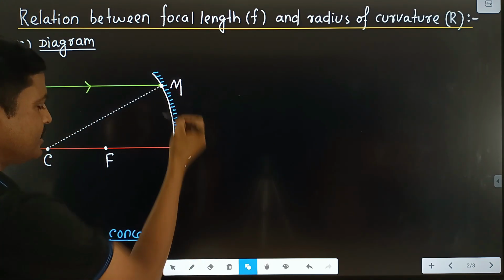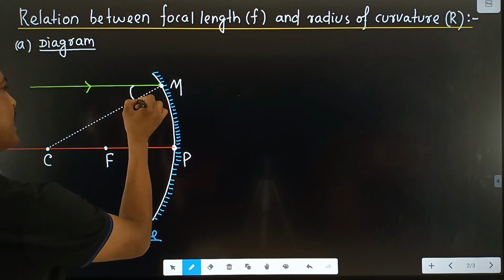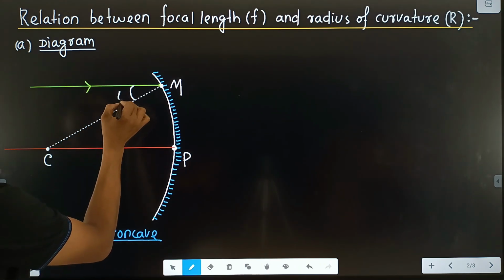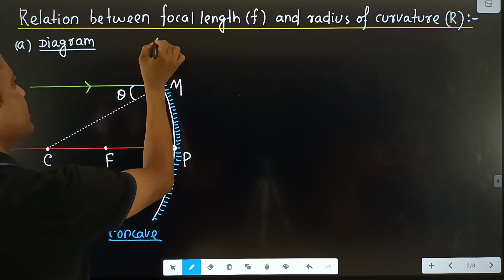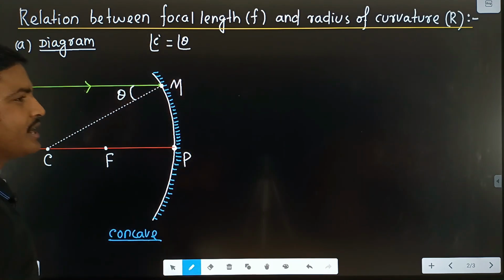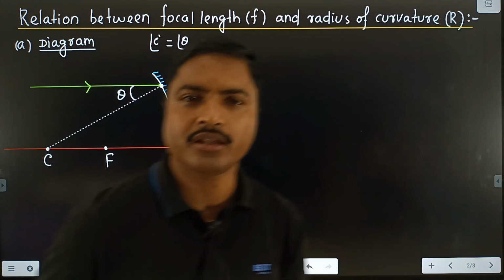Now this angle is 90 degrees. Then this is the angle between the normal and the incident ray. We call that the angle of incidence. For angle of incidence we write i, and in this case we write theta. That means in place of i, here we write theta. Clear?